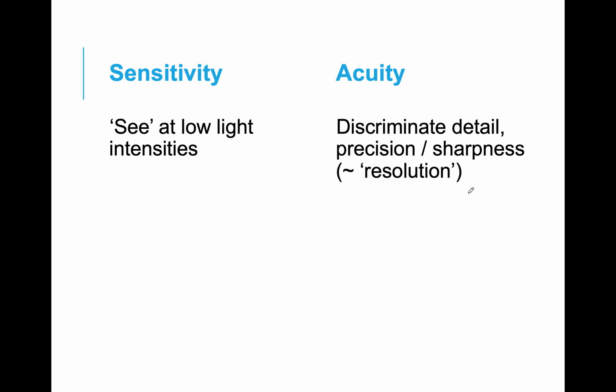Sensitivity is the ability to see at low light intensities, to actually produce an image when there is little light. So high sensitivity means that an image can be produced even when there is very low light intensity. Acuity is similar to resolution, so it means the ability to distinguish detail and to produce a precise and sharp image.